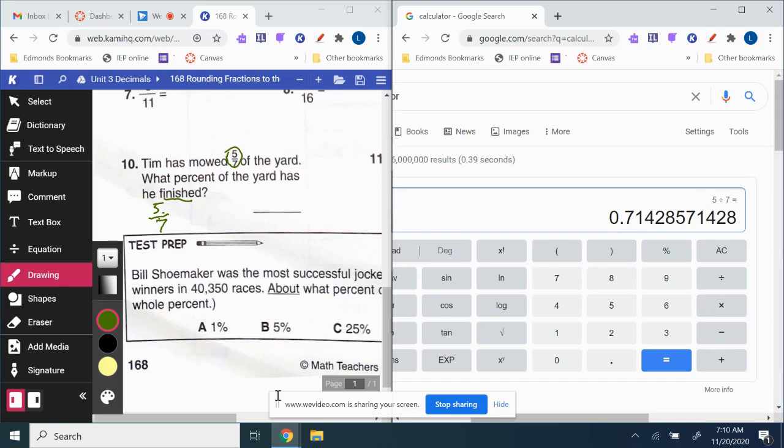So I'm just going to go to the third decimal place, which is 4. So I have 0.714 equals 71.4%. And I know I'm going to round down because 4 is less than 5. So 71% of the lawn finished.